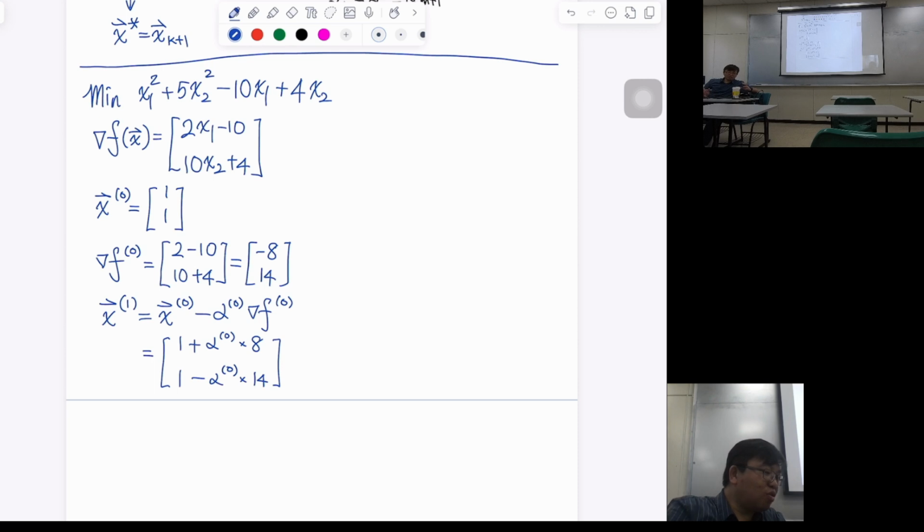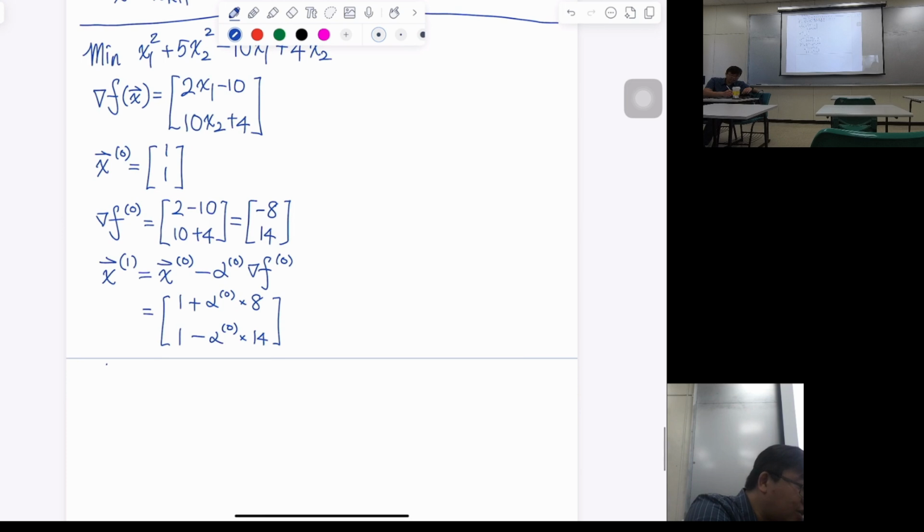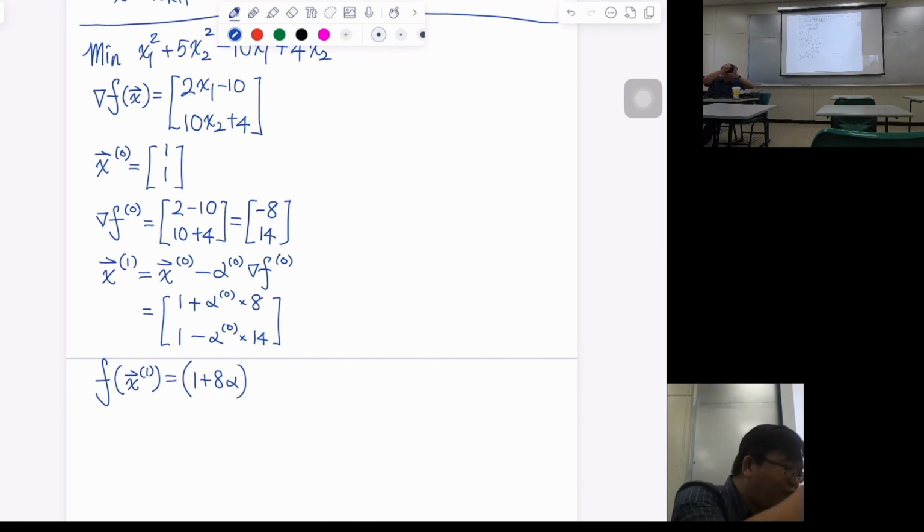So what did I mean by transforming the objective function into a one-dimensional problem? When you plug in this x of 1 back to the original function, then you will see. So let's take a look at f of x1. Just plug in. So it's going to be 1 plus 8 alpha. I will ignore the bracket 0 for short, just because there will be a lot of bracket 0. Just plug in, and then plus 5 times 1 minus 14 alpha.